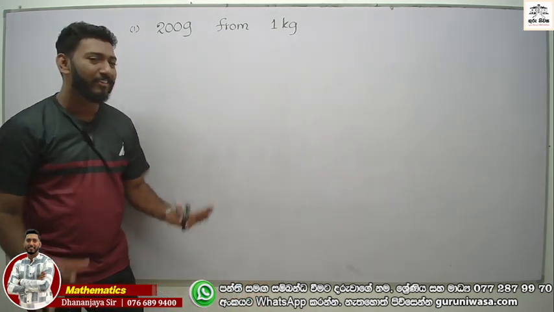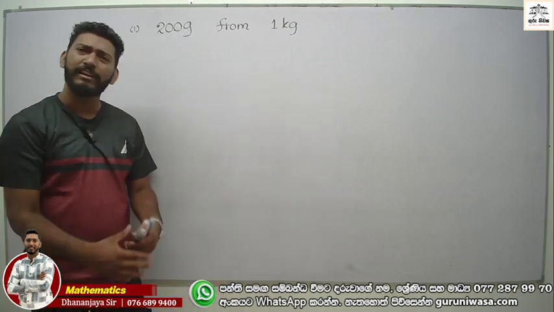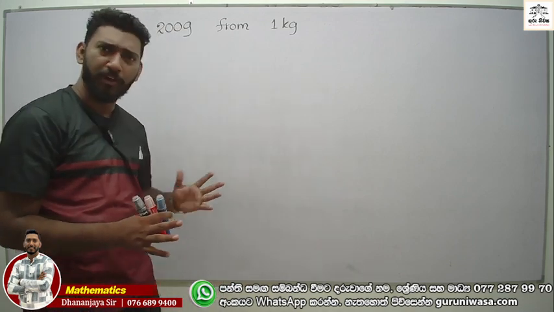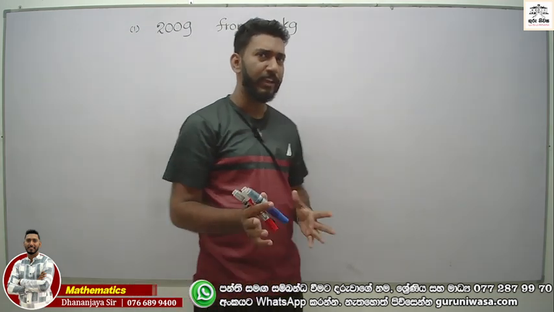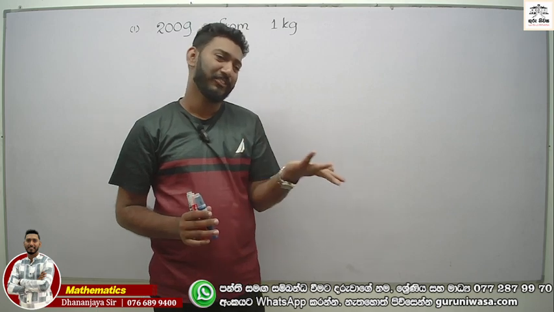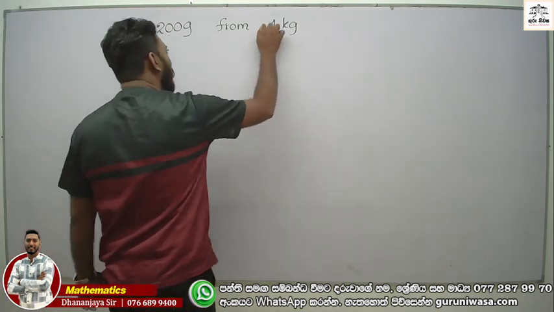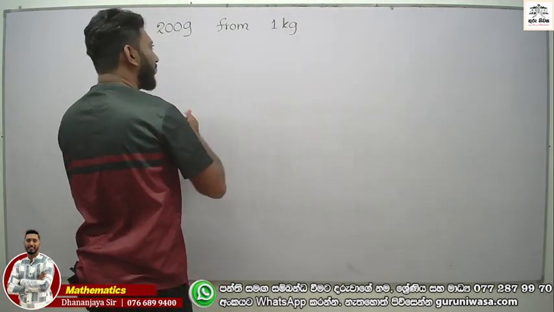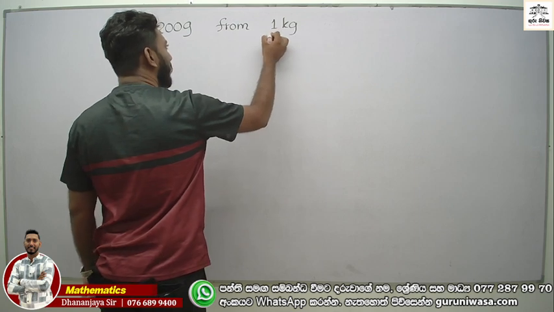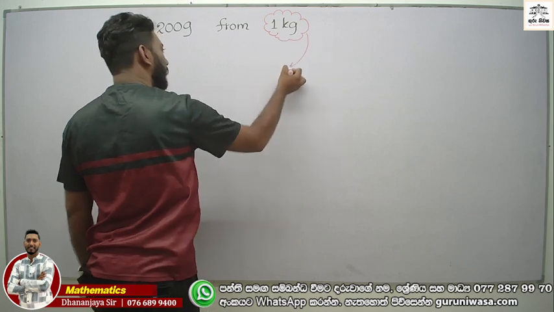Gram. Can you tell me the relationship between grams and kilograms? How many grams in 1 kilogram? 1,000 grams. Therefore, you need to change kilograms into grams. Firstly, I'm going to change 1 kilogram into grams.